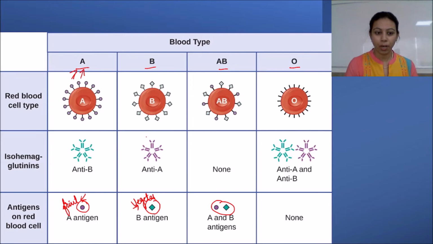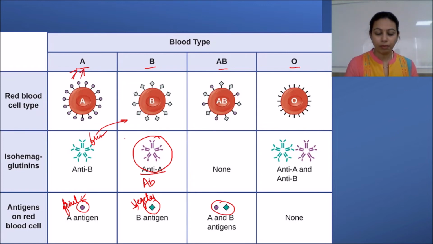So what will happen when fruit is given to B? B will start reacting against the fruit. Against the fruit, B will produce an anti-response, and this is the antibody. So it will produce antibody against the fruit.